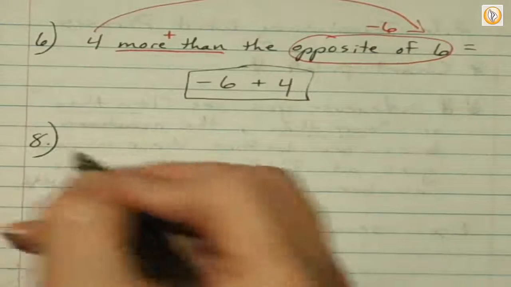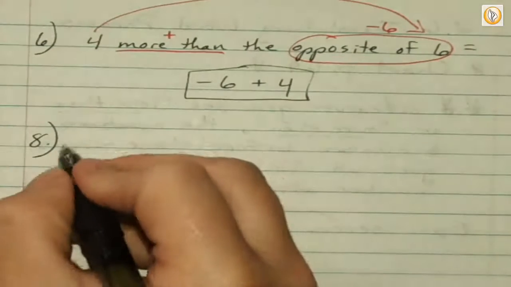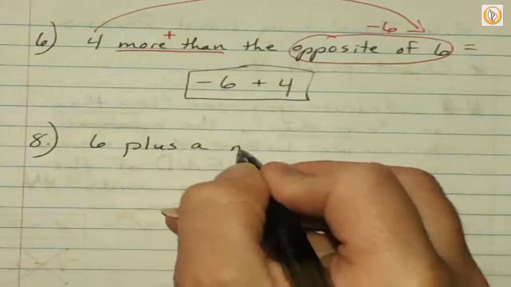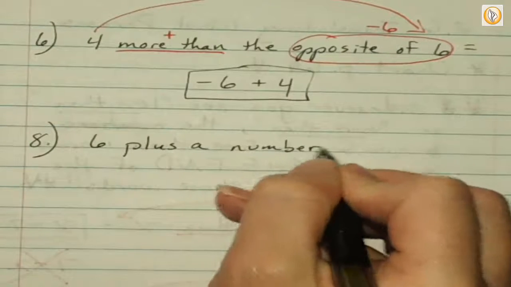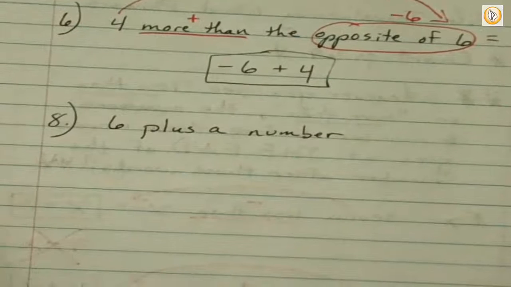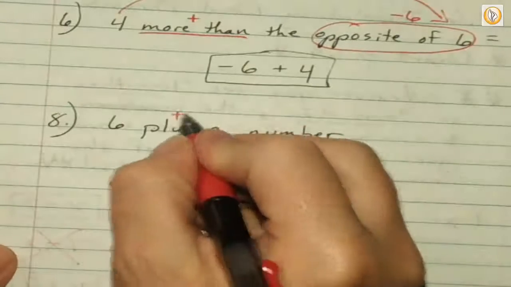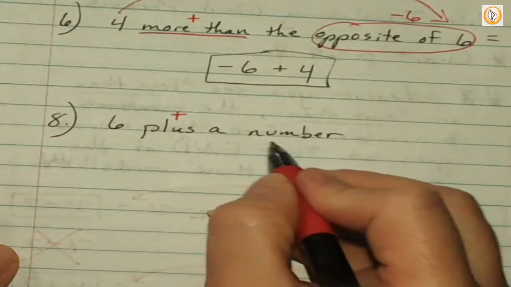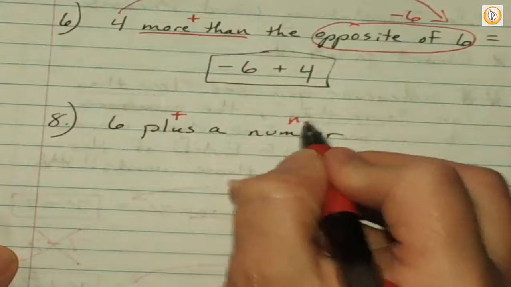All right, 8. Maddie. 6 plus a number. What does plus mean, Maddie? And it says a number. We don't know what the number is, so what can I call that? N. Very good.